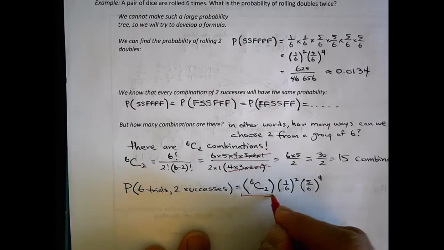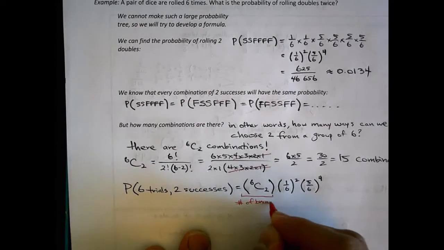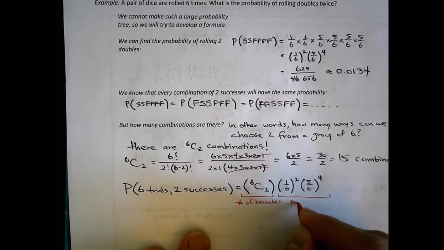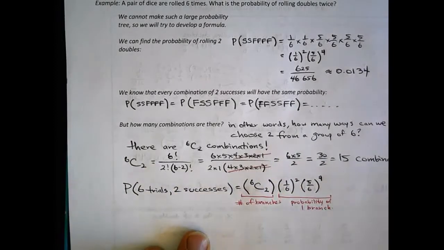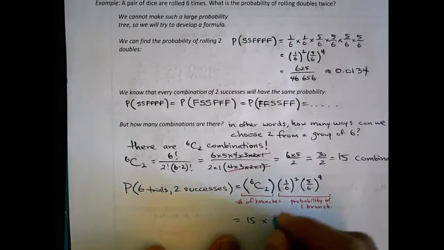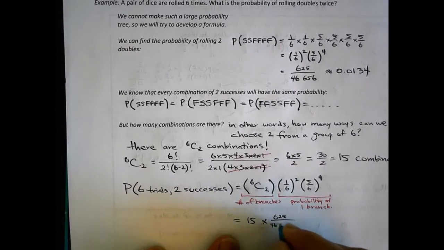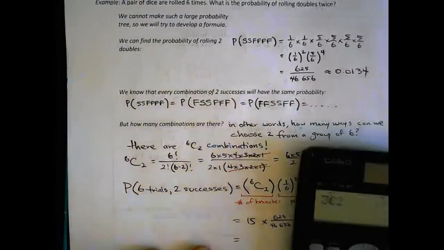This is the number of branches, and this is the probability of 1 branch. So if I wrote this out, this would be 15 times 625 over 46,656.